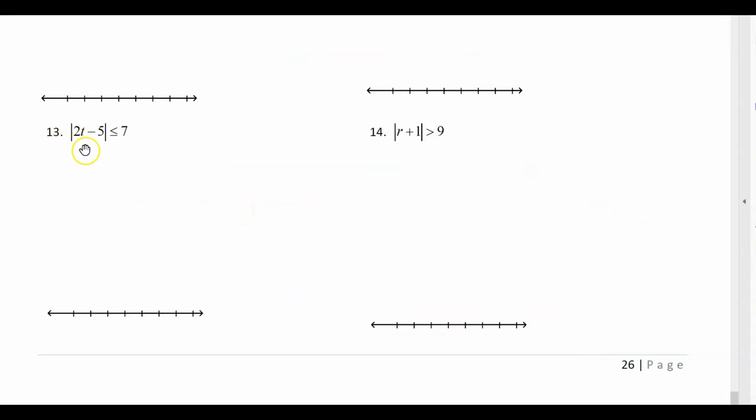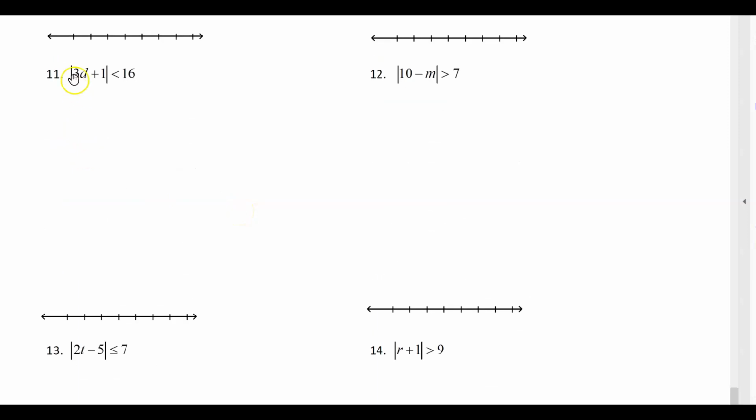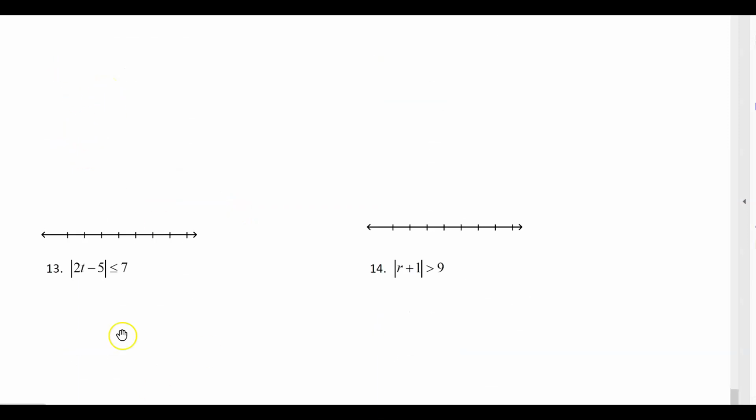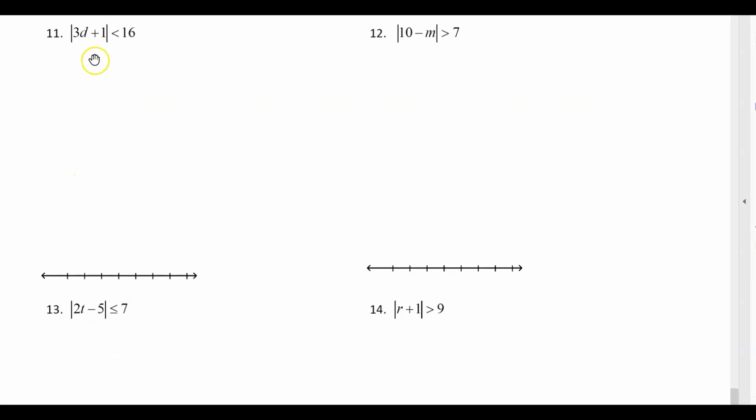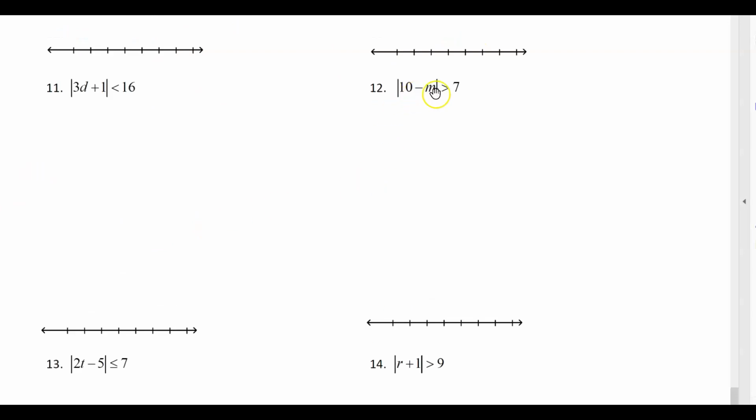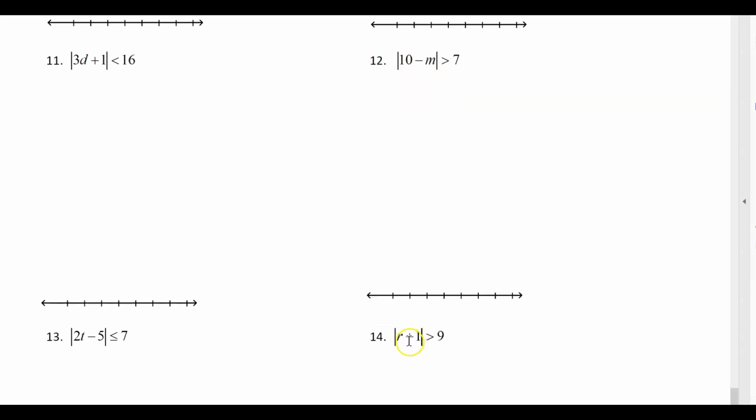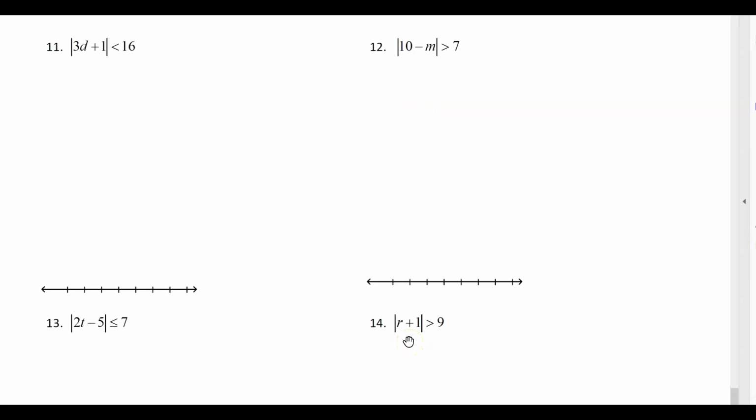And number 13 and 11 will have 3 steps to them instead of 2 because it's a multi-step problem as opposed to just a one step where here you're subtracting your negative 10 and then dividing by negative 1, or I guess like in 14. So a couple extra steps, but get that done.